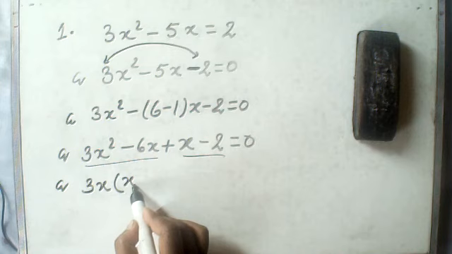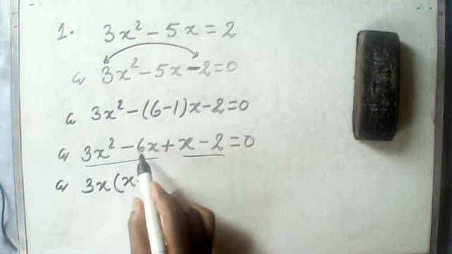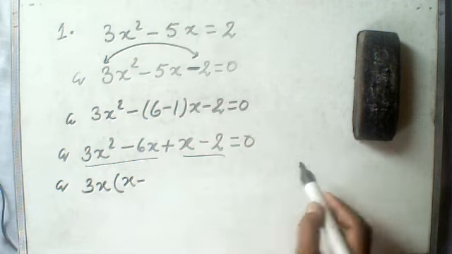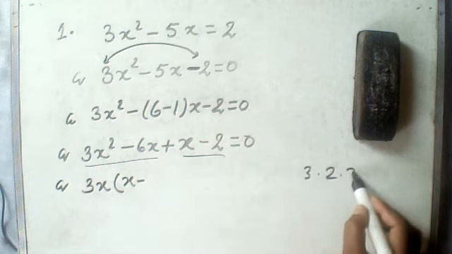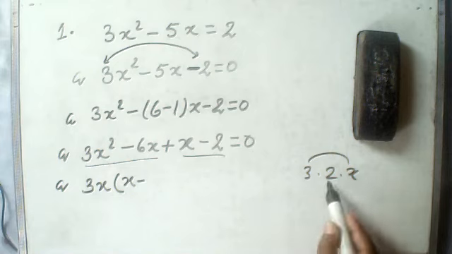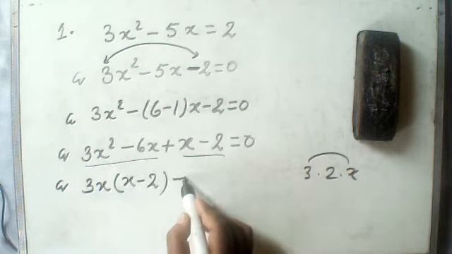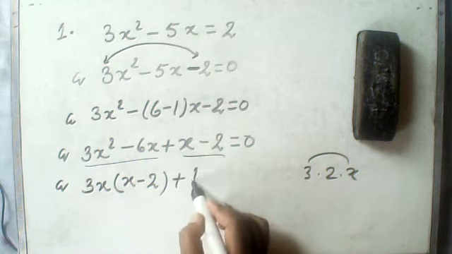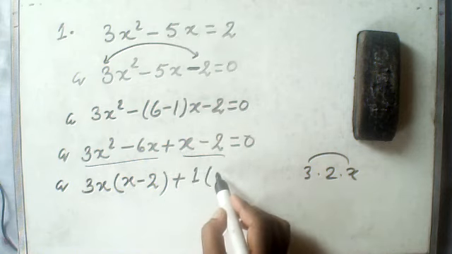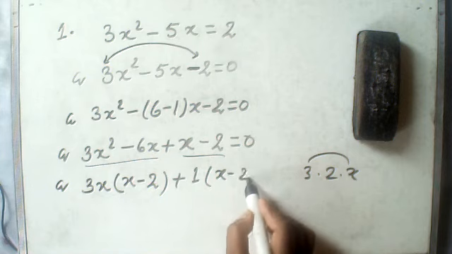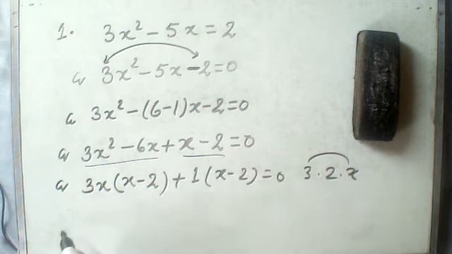X remains in the first, and 2 remains in the second. Plus x minus 2, there is nothing common, so we may write 1 times x minus 2, that is equal to 0.